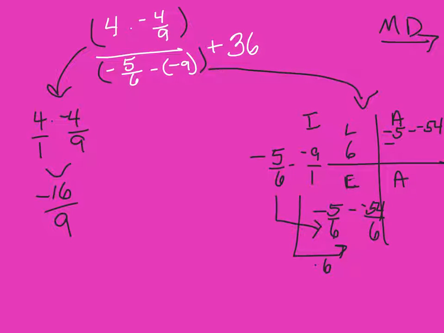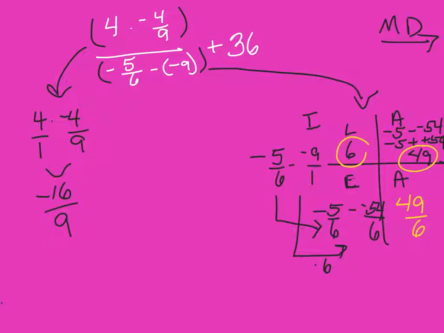I get to stay, change, change, cha-cha-cha. I then end up, that's positive 54, sorry. So the signs are different, find the difference. So 54 take away 5 is going to give me 49. I now have my denominator and my numerator, so that becomes 49 over 6.